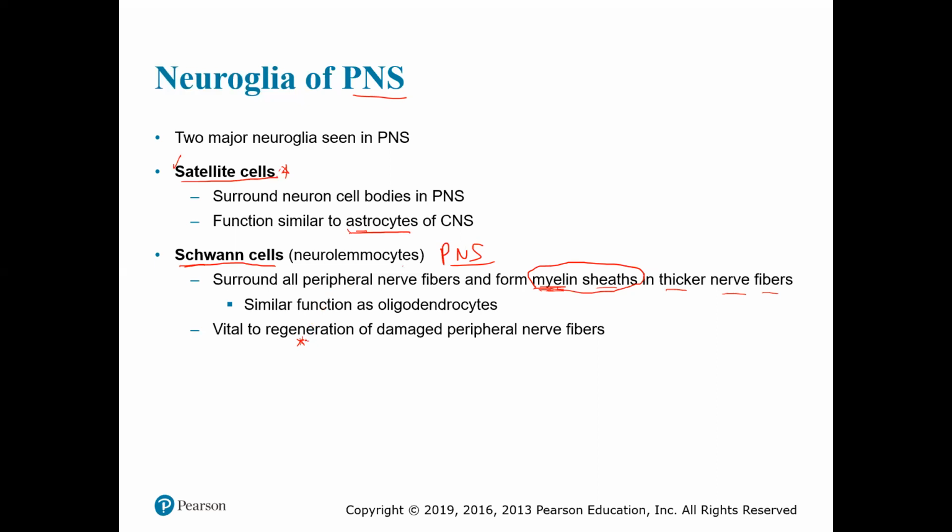It's kind of like putting electrical tape around a frayed wire. It's not going to heal the neuron or the axon completely, because it doesn't undergo mitosis. But at least you'll get some help from the satellite cells to get the blood in there and help form new cells.